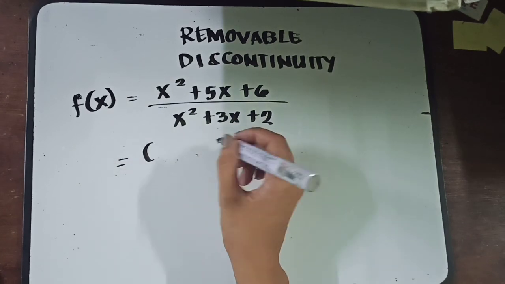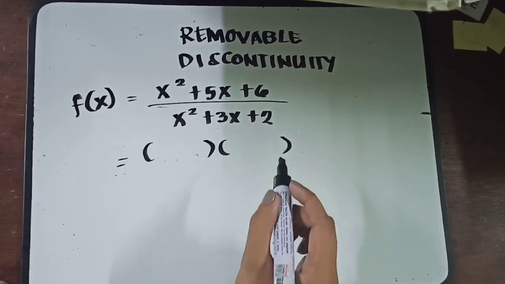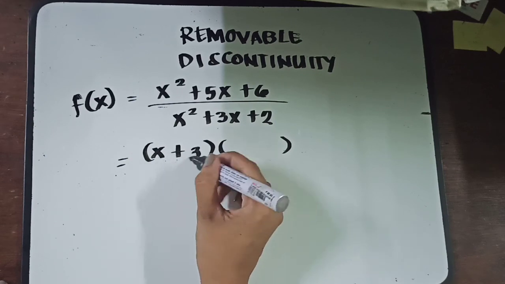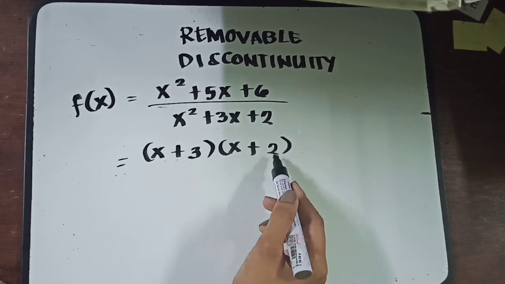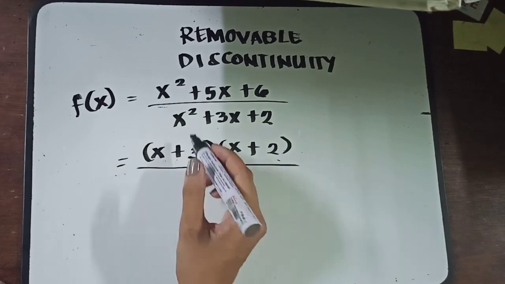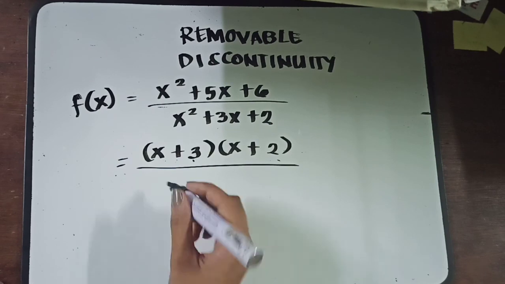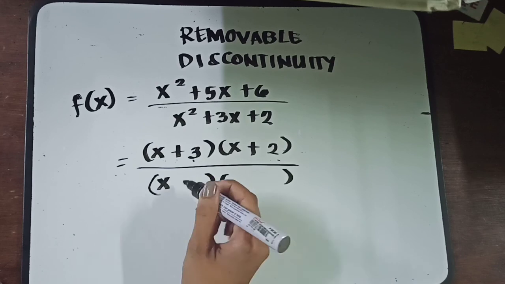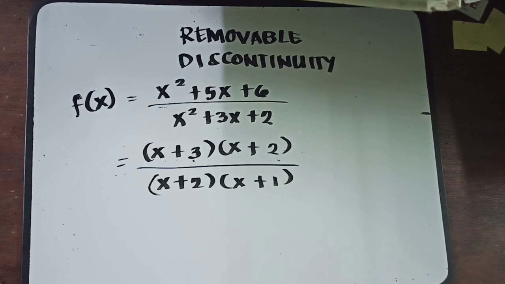So, the factors of this trinomial, x squared plus 5x plus 6, is x plus 3 multiplied by x plus 2. So, 3 multiplied by 2 is 6 and 3 plus 2 is 5. Over, ano yung factor ng denominator which is x squared plus 3x plus 2. So, the factors of this denominator is x plus 2, then x plus 1.